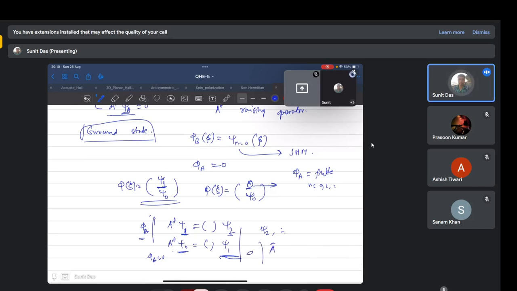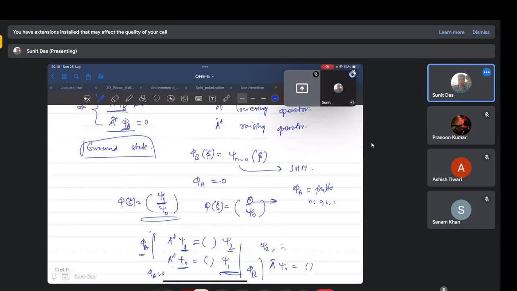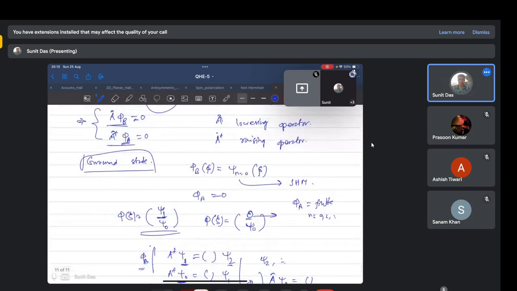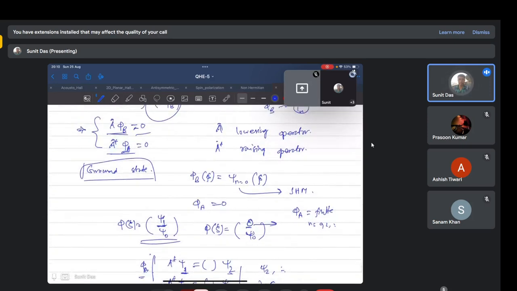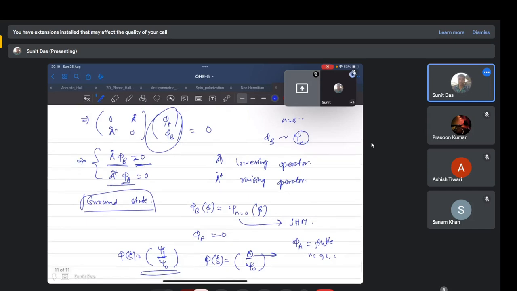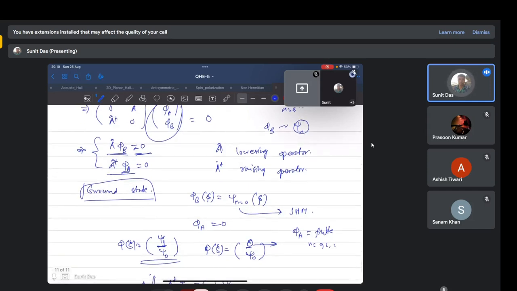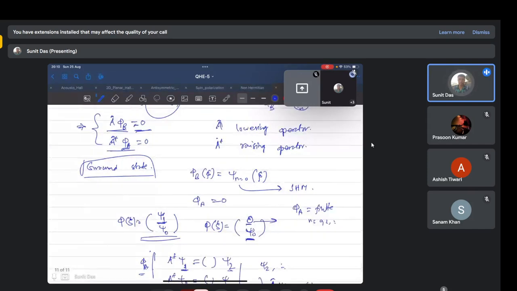For phi b, we take the lowest possible state, so that it cannot be lowered further. So this is the condition a cap on phi b. In place of phi b, we take the lowest possible state, which is already the ground state, it cannot go further down.